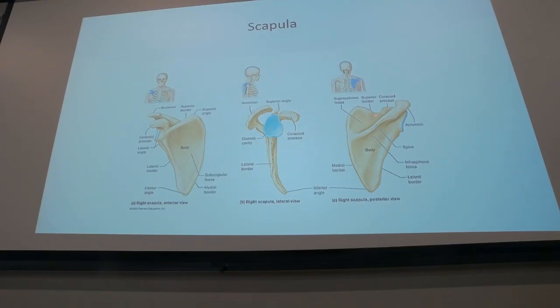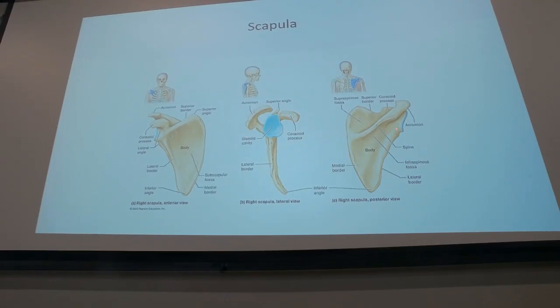So posteriorly, above this spine, we have a fossa. In anatomy, supra means above. And since you are taking the spine as a reference point, this fossa, which is a shallow depression in a bone, can be named, because it's above the spine, supraspinous fossa. And the supraspinatus muscle inserts into this fossa.